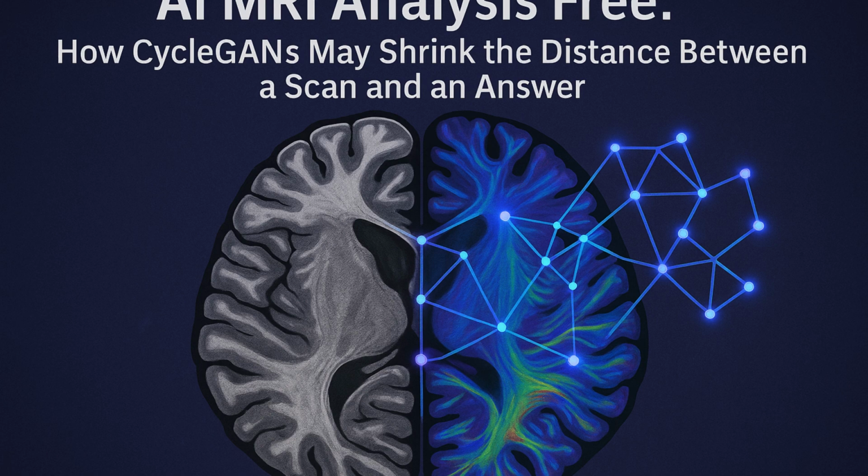The paper talks about using twin generators. Let's call them G and F. Okay, G and F. Generator G takes a T1 image and tries to make a synthetic FA map. Generator F does the reverse. It takes a real FA map and tries to reconstruct the T1 it might have come from. Then you have paired discriminators. They're like critics. Critics. Yeah, they try to tell the difference between real FA maps and the fake ones from G. And same for the T1s. So it's like a constant competition.